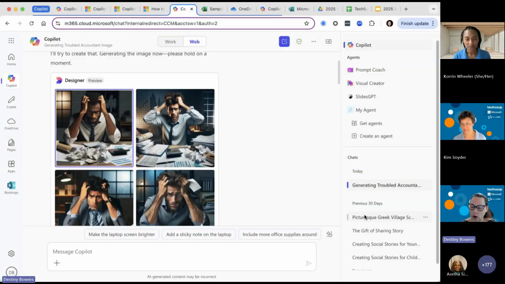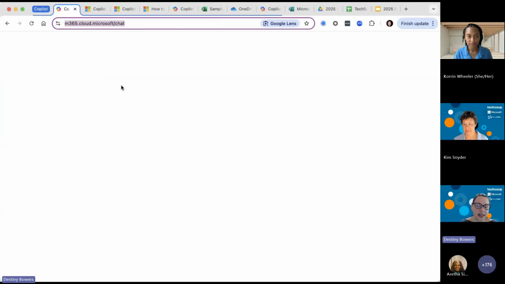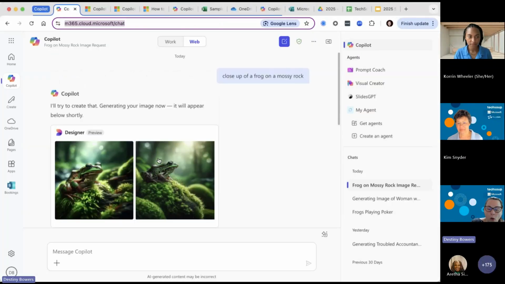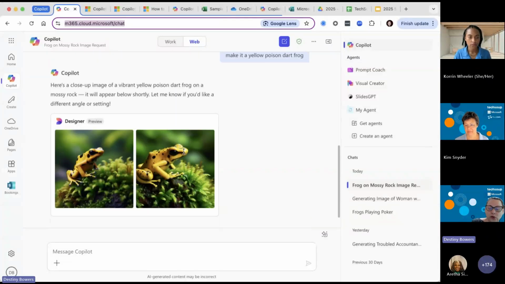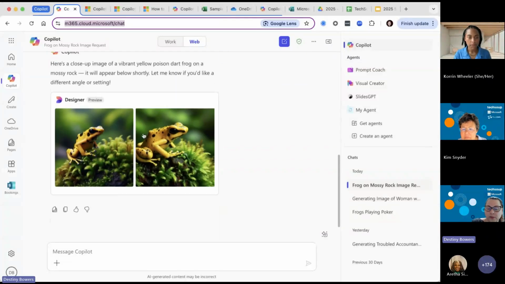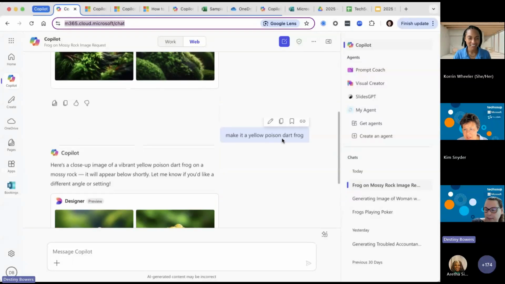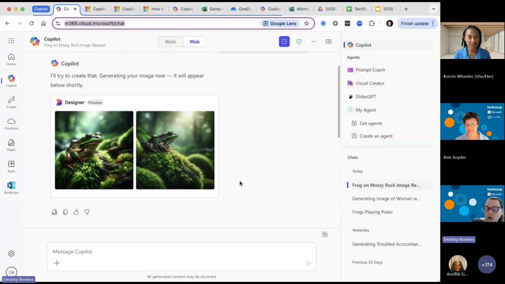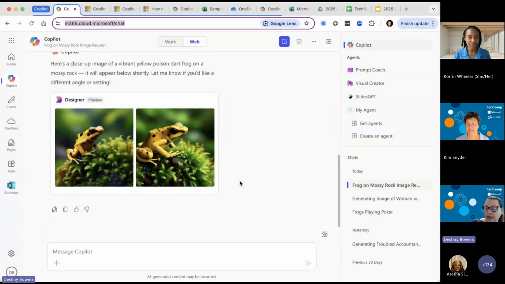If you really wanted to get nuts on the frog side of things, then you can get more in detail, give me the frog, and then get more creative with the type of frog, specifically a poison dart frog. But you'll notice I just kept it simple. And so with image generation, if you're trying to be realistic, I found simple is better.